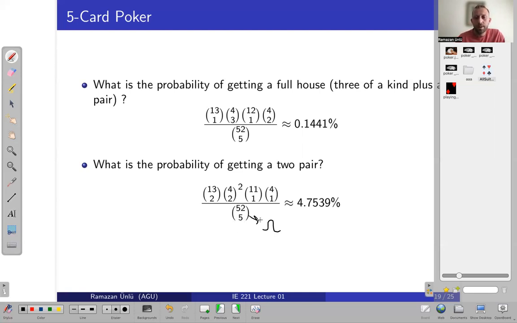By using this one, I can calculate the different combinations. And this part is the actual total number of 2 pairs. We will solve these questions in the classroom.